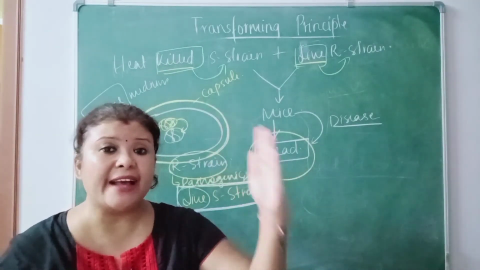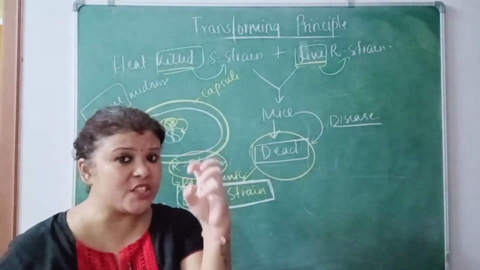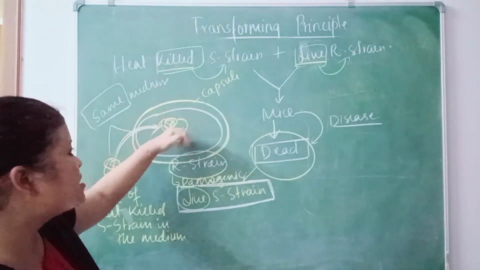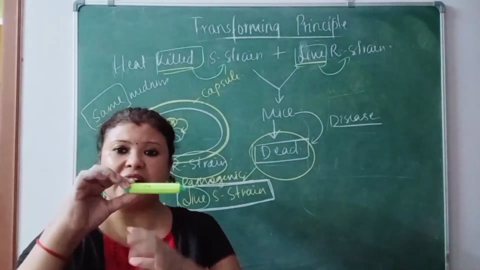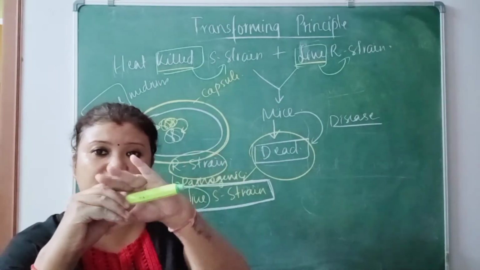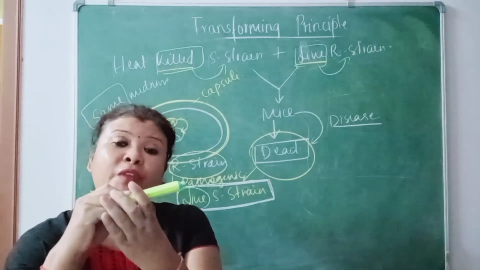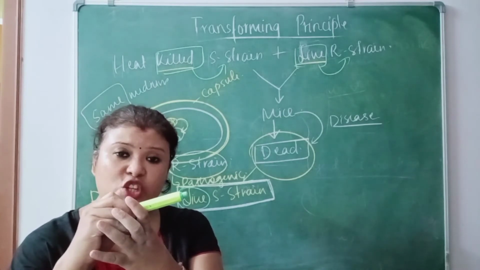But since it has the DNA of the heat-killed S strain, and the S strain DNA has the information for these conversions, it formed a capsule. Suppose this is the R strain, it formed a capsule around this. So it became capsulated. Secondly, the disease-causing information was there.